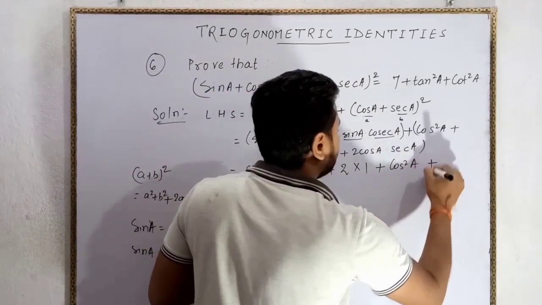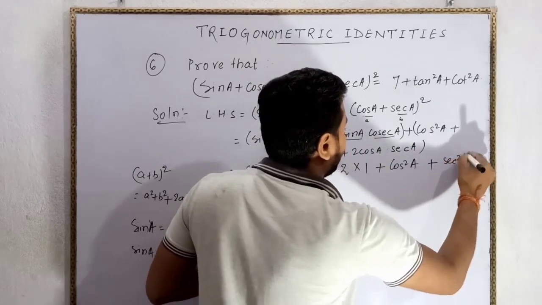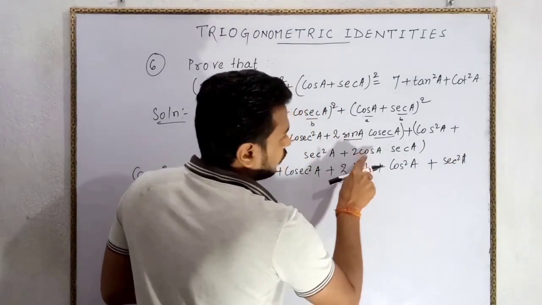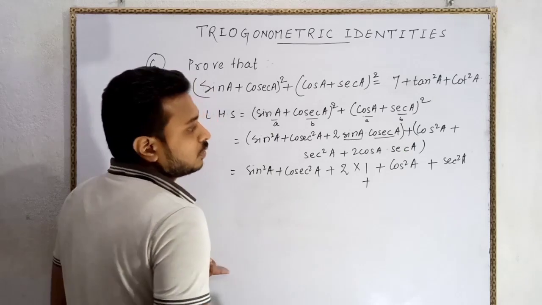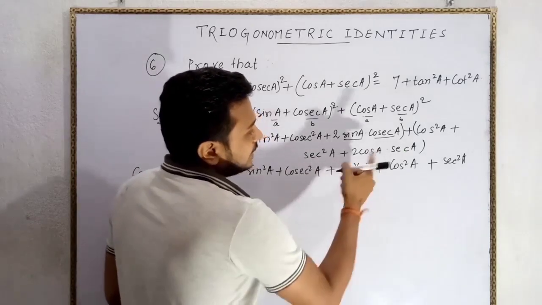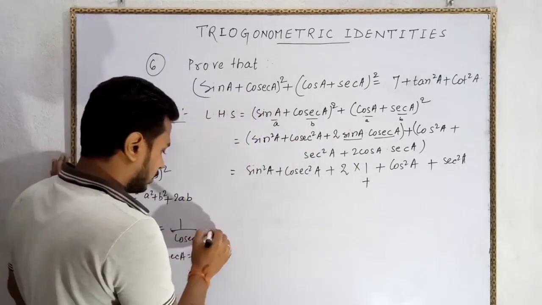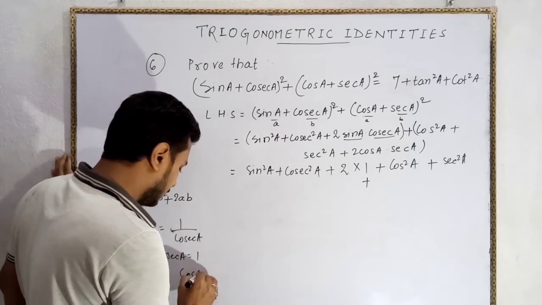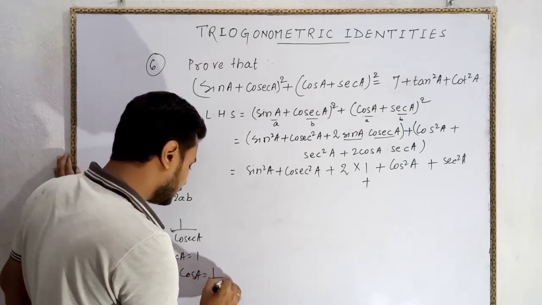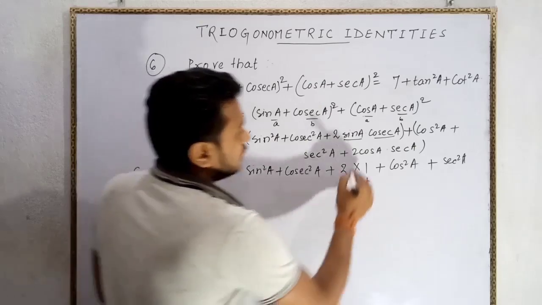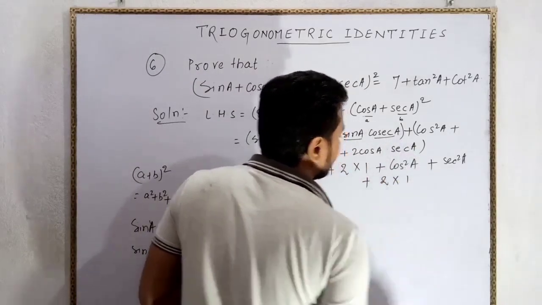Cos square A plus sec square A. We also may write cos A into sec A is equal to 1, because cos A is reciprocal of sec A. And 2 into cos A into sec A is 2 into 1.